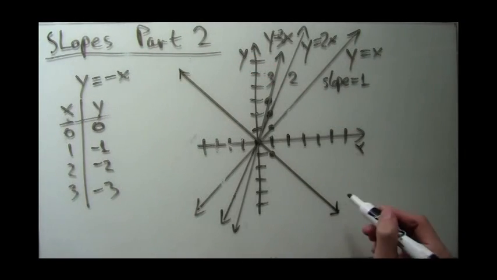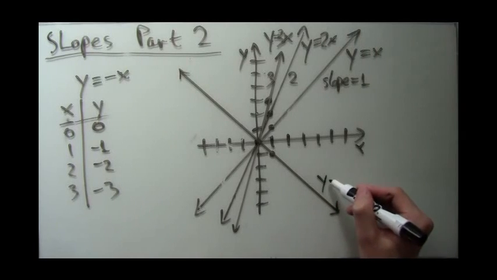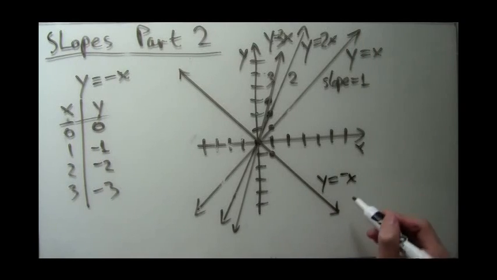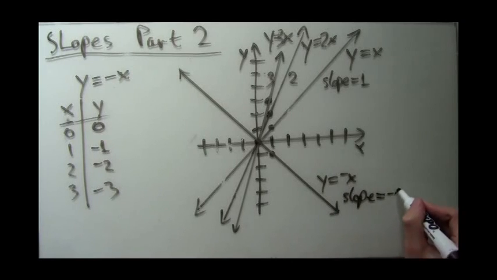We've connected these 2 points, and we've labeled this function. It has slope negative 1 because y equals negative x is the same as negative 1 times x.